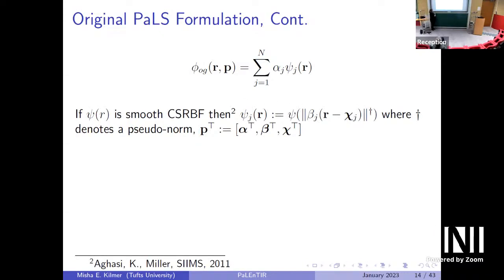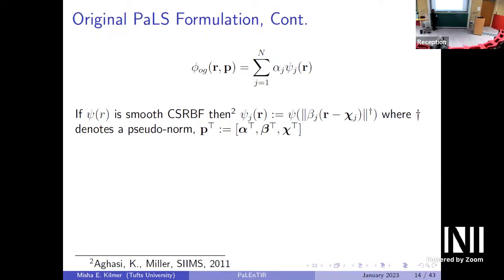If we had chosen a compactly supported radial basis function, depending on what you want, you can get higher and higher degrees of smoothness, but we tended not to use too much smoothness in practice. But the idea is that you have some psi function and you apply it to this term right here.